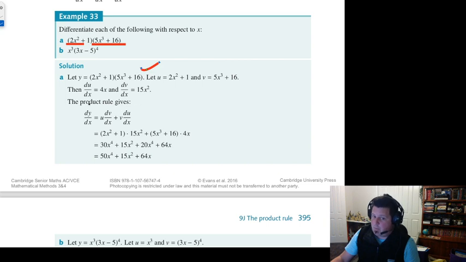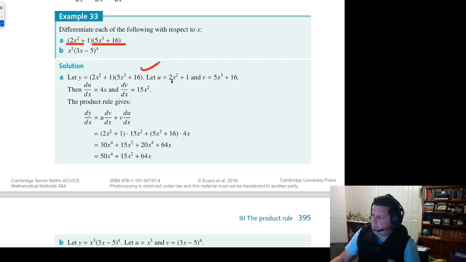Then, I would recommend you carefully write out the product rule. So dy dx is equal to u multiplied by dv dx plus v multiplied by du dx. We've got each of these parts, it's just a matter of now substituting them in. Yep.